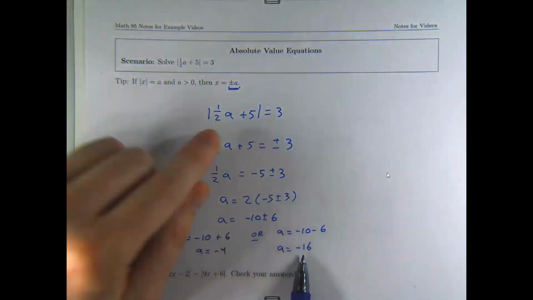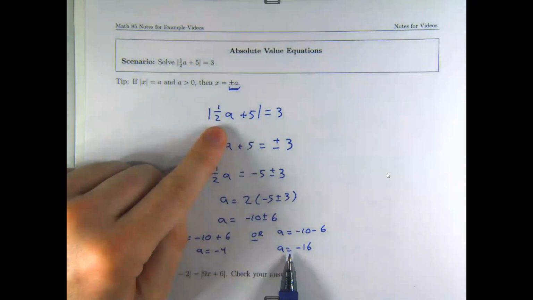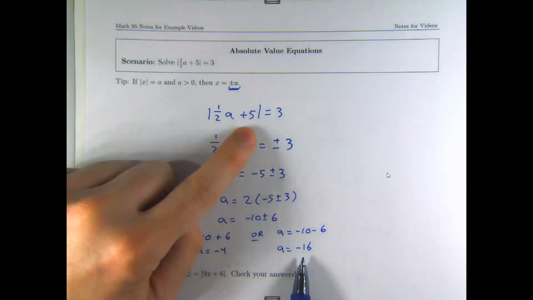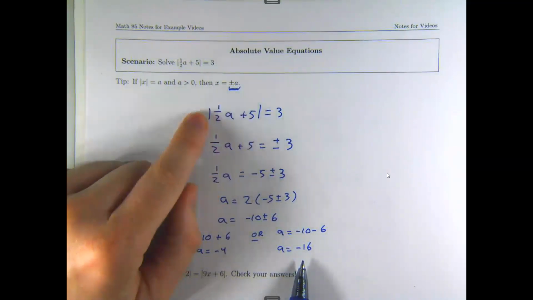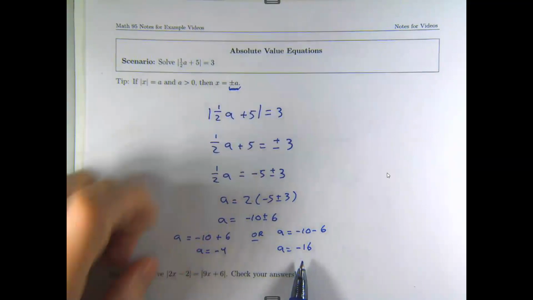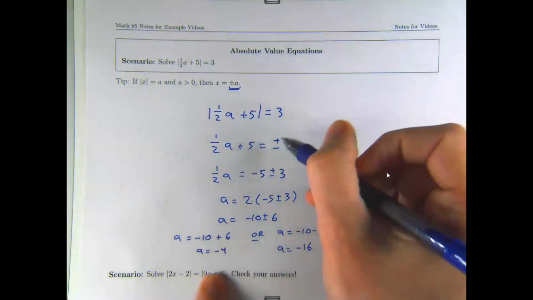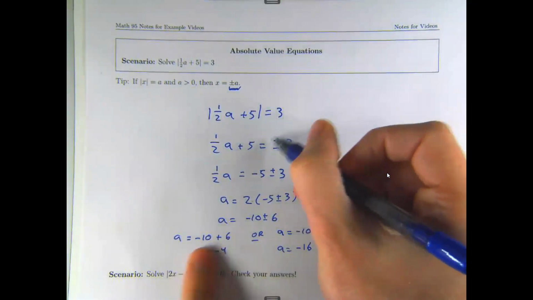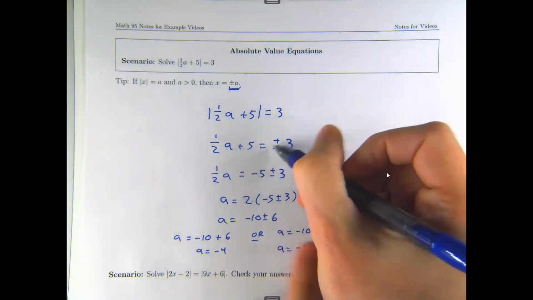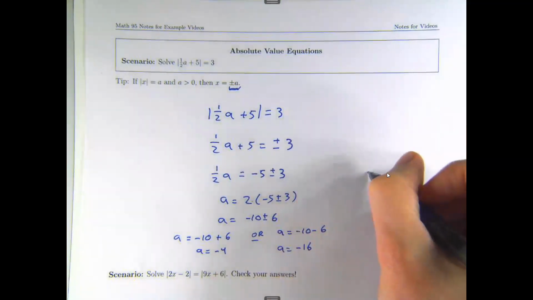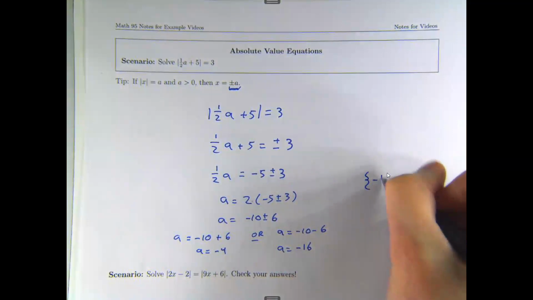If I'm looking at -16, half of -16 is -8. -8 plus 5 is giving me -3. And the absolute value of -3 is 3. So I really have one answer that's kind of corresponding to the +3, and one answer that's corresponding to the -3. Looks like I have two values that work.